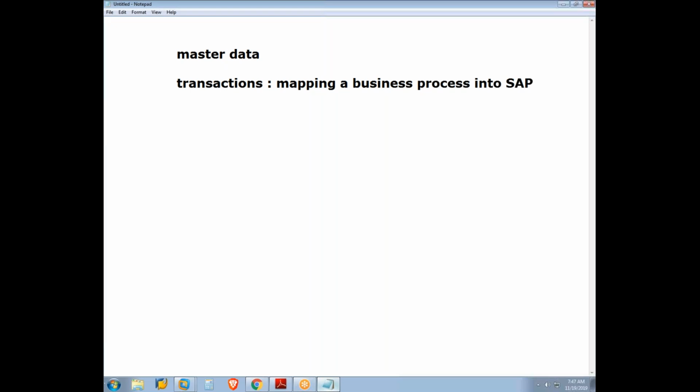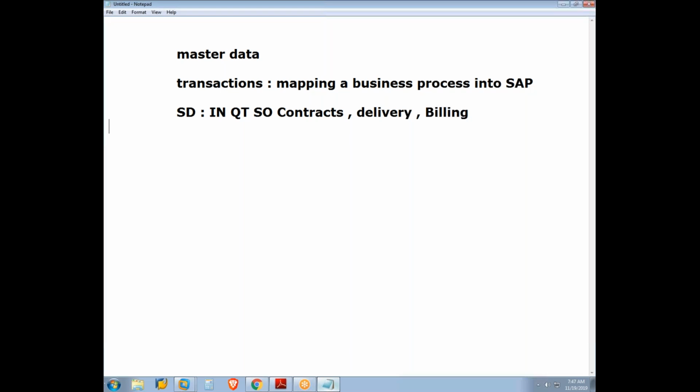Now, in every application, we process different types of transactions. Like in sales and distribution, we process various sales transactions like inquiry, quotation, sales order, contracts, or preparing a delivery document or a billing document.